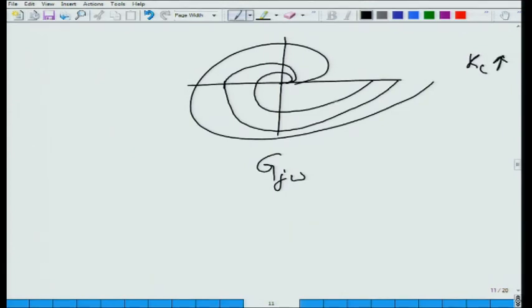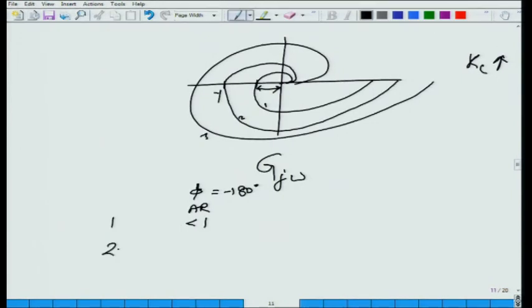This is the first curve, second curve, third curve. For the first curve, when the angle of g j omega is minus 180 degrees, the amplitude ratio is less than 1.